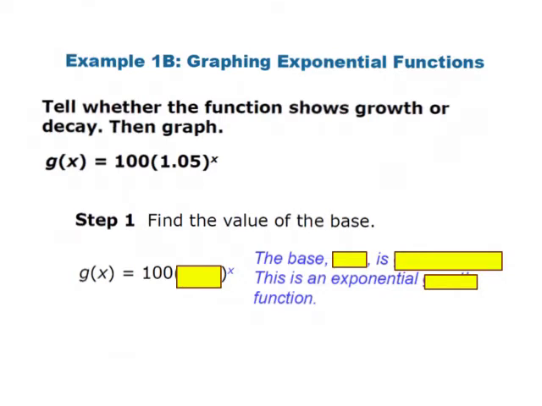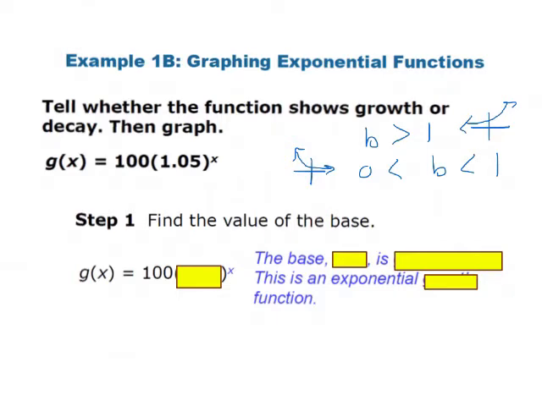Now what we have to remember is, is that b value greater than 1, or is that b value between 0 and 1? Because remember, if the b value is between 0 and 1, it's going to be a decreasing function. In other words, it's exponential decay. If the b value is greater than 1, then it's going to be exponential growth.